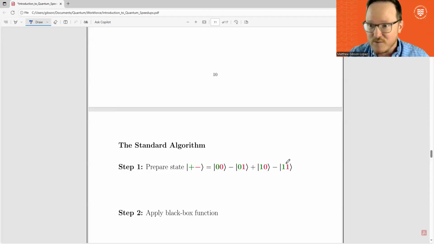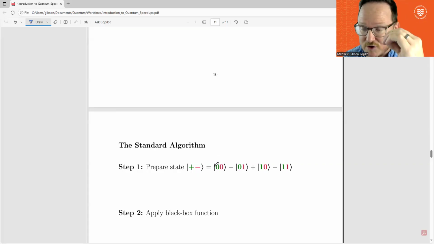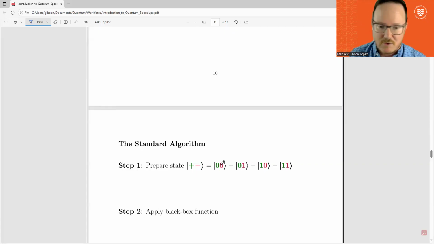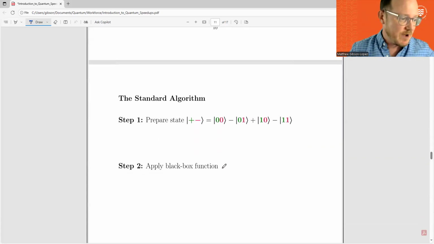Which once again means that if the function according to the green input qubit is one, you're going to flip the red qubit, and if the green qubit function evaluates to zero, you're going to leave the red qubit alone. So what's that going to look like? Well, let's look at two different possible functions that ChatGPT could have picked for us.